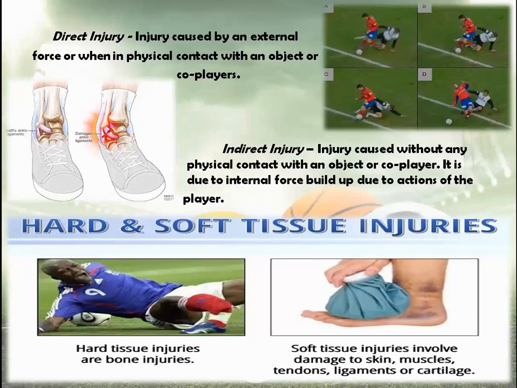Soft tissue injury involves injury to any part of the body except bones and teeth. Some examples of soft tissue injury are contusion, ankle sprain, and hamstring strain. Hard tissue injuries are injuries to the bone, which are usually less frequent than soft tissue injury, but are more serious than them. For example, hip dislocation and finger fractures.